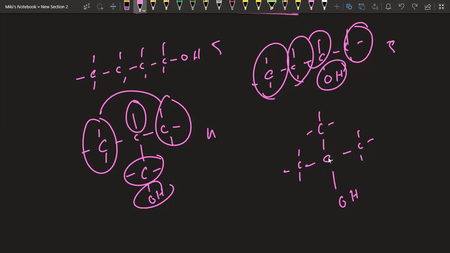Why? Because this HNMR is done depending on whether the carbon has a hydrogen; then we can have its environment. That means this carbon does not have any hydrogen, so we cannot consider it as an environment.